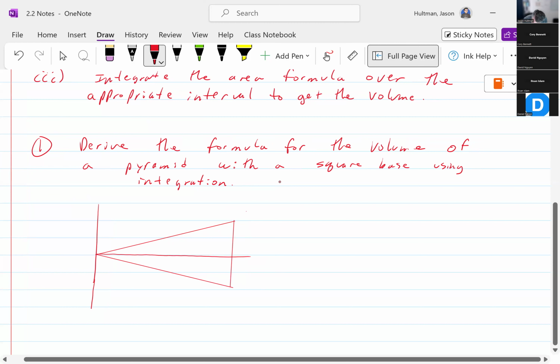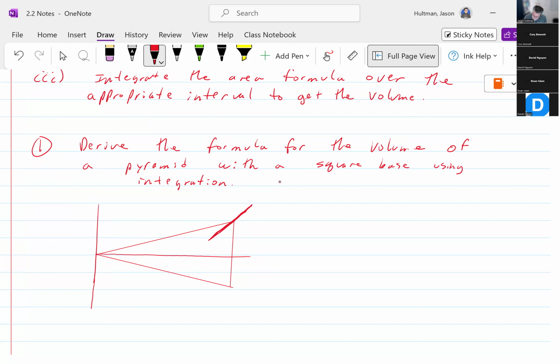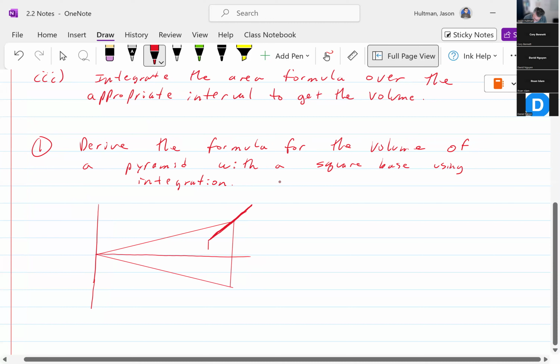I'm going to draw another line, like so, and then I'm going to go straight down, and then straight down again, and then I'm going to go up.